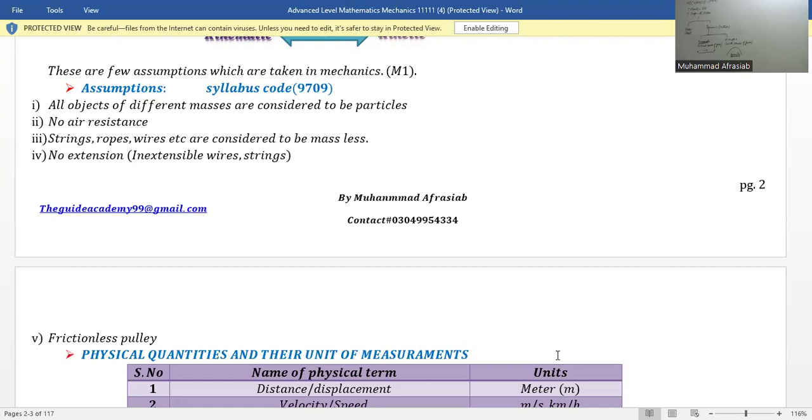Then physical quantities and their units of measurement are given in this table.